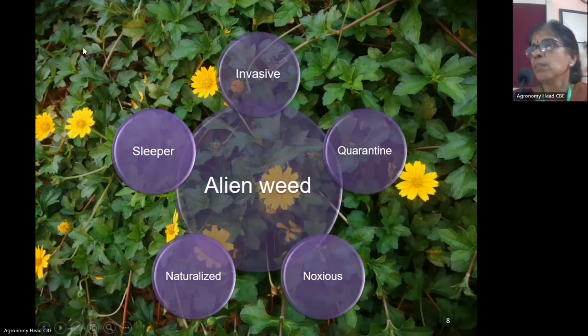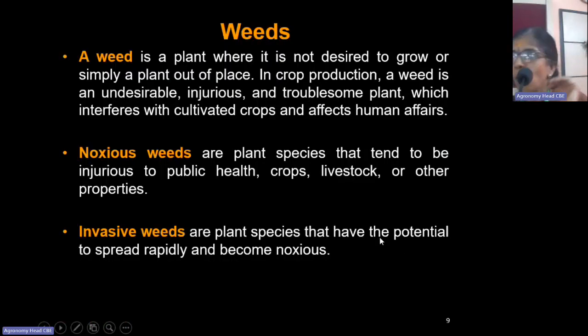For example, due to climate change, some species which are sleepers till now can attain invasive status. So all aliens should be viewed seriously, whether or not they are posing a problem currently, because the threat is there.